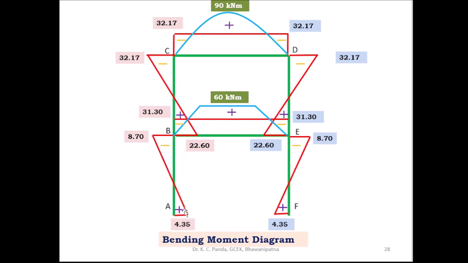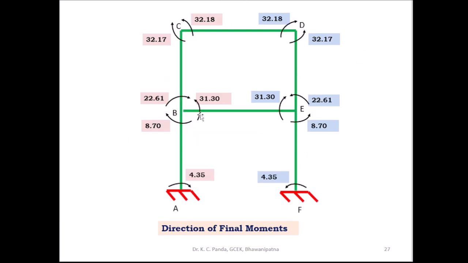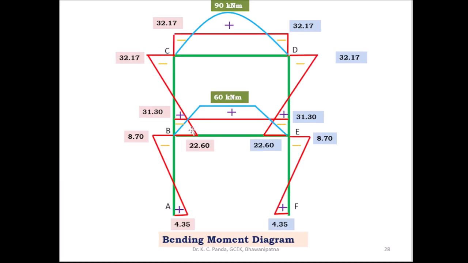Similarly, for this vertical member the arrow mark is inside, and for this vertical member it is outside, and here you take inside 22.61, and here you take outside 32.17, join these 2 points, and this is the bending moment diagram of this vertical member.